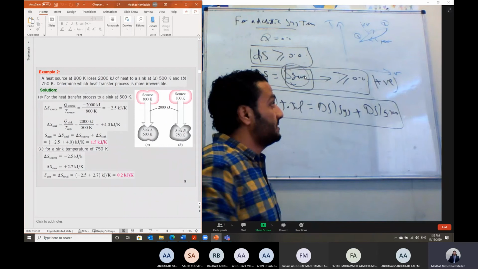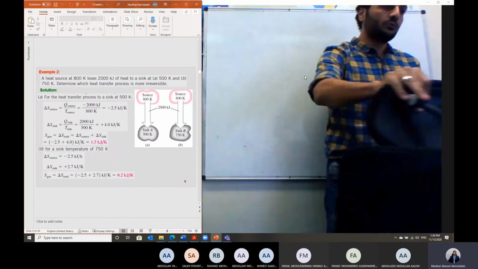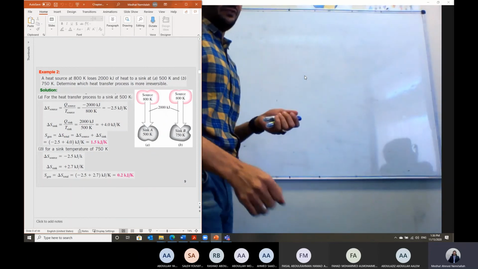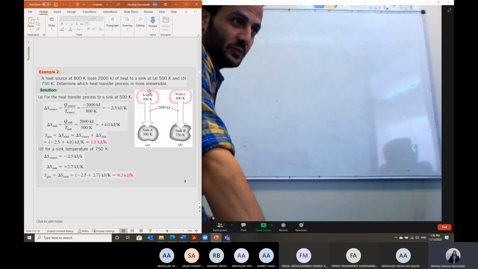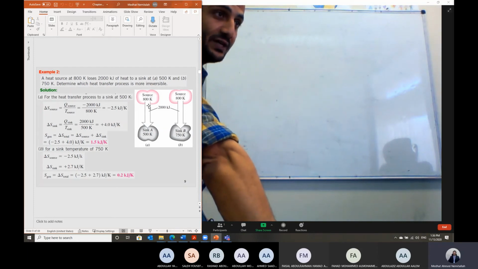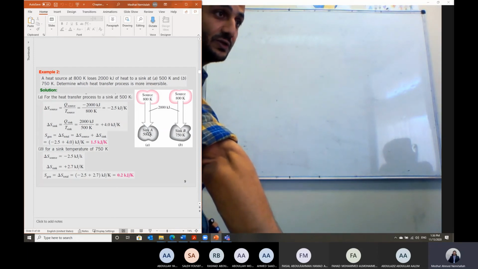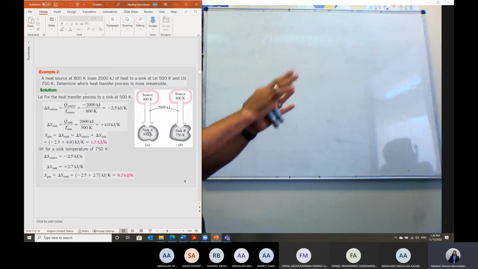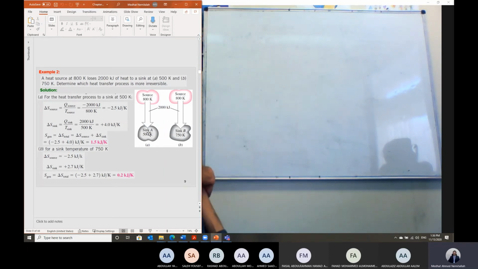The low temperature sink for case A is at a temperature equal to 500 Kelvin. And for case B, the low temperature sink is at a temperature equal to 750. But for both systems, just heat is transferred from the high temperature source to the low temperature sink without external heat transfer. So the system in this case is externally adiabatic.